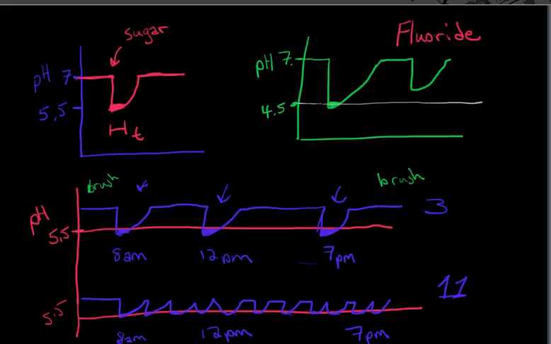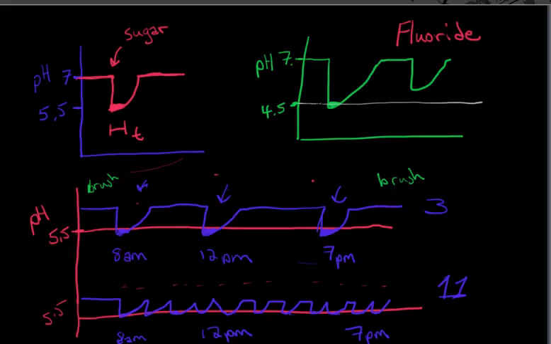I'm running out of time here, but in recap, what we learned from this one graph is that we want to limit our demineralization time, so we don't want to take all these snacks throughout the day. We would rather have a few sugar events, as it were.